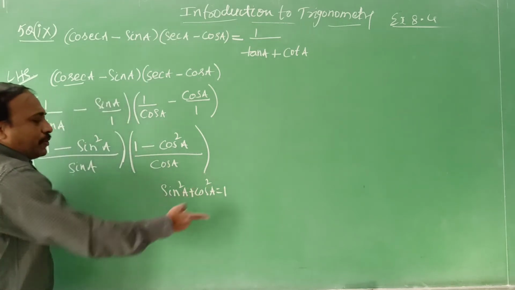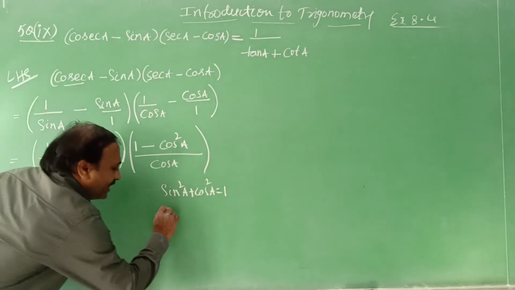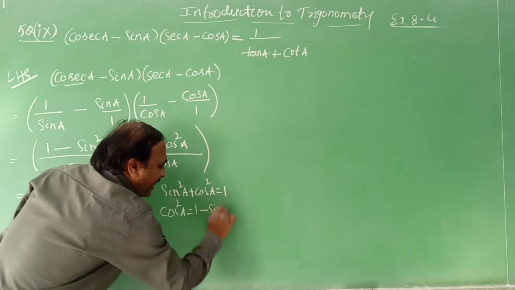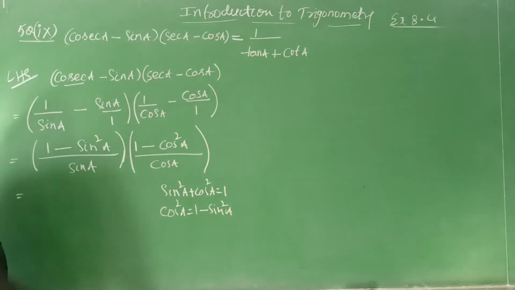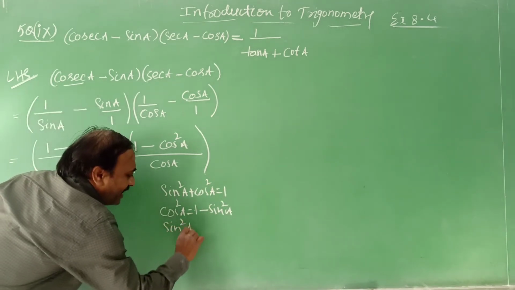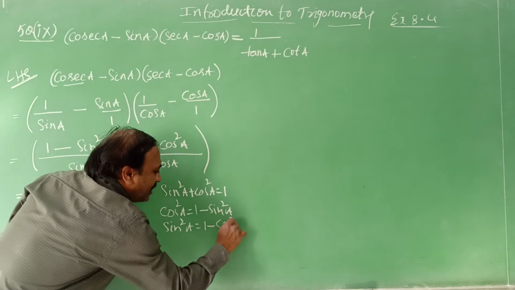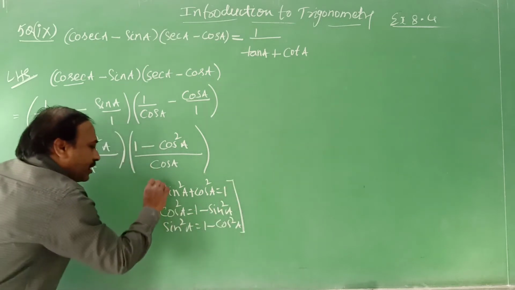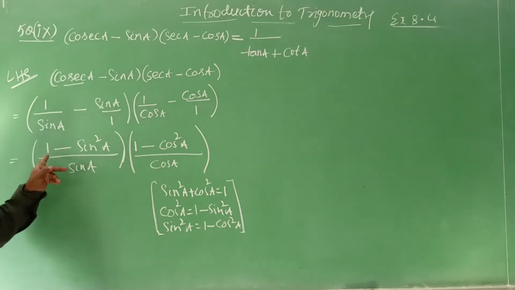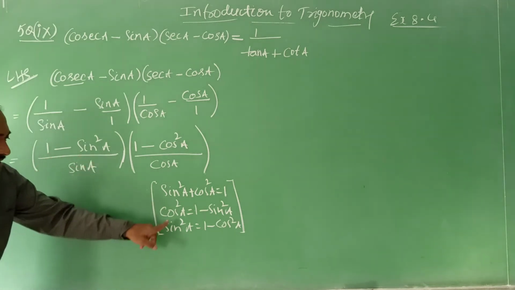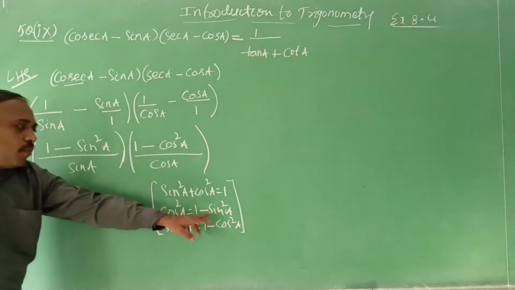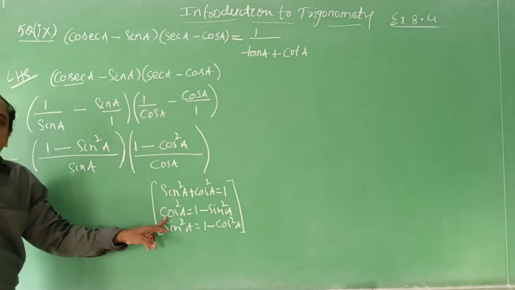From this, if we transpose sin square A to that side, cos square A is equal to 1 minus sin square A. Then if you transpose cos square A to that side, sin square A is equal to 1 minus cos square A. From this we are getting these two. So 1 minus sin square A can be written as cos square A.